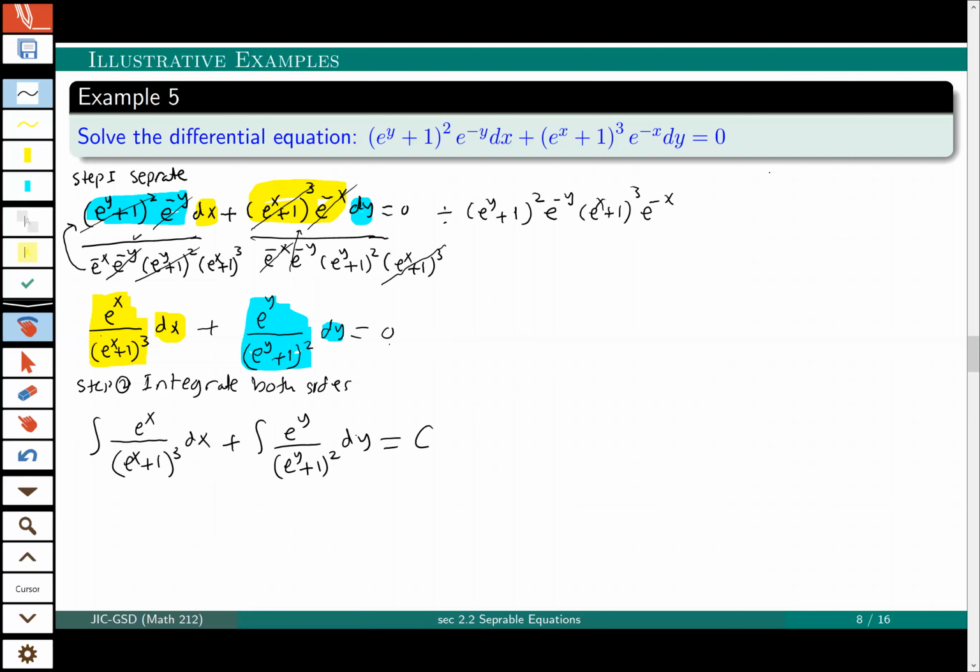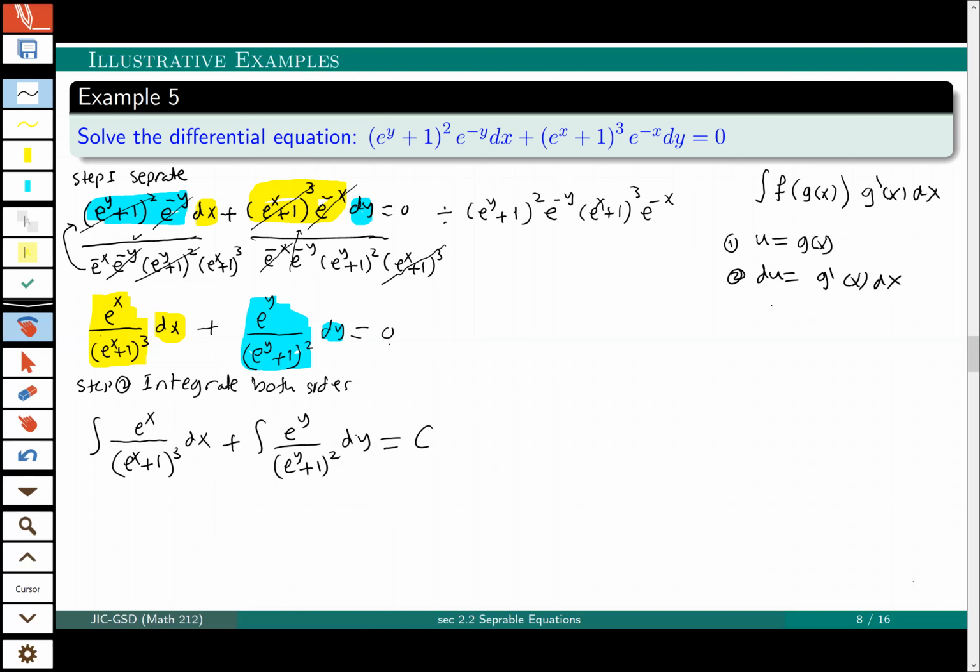Remember in calculus 1, we said if I have f of g times the derivative of g dx, this means it's integration by substitution.